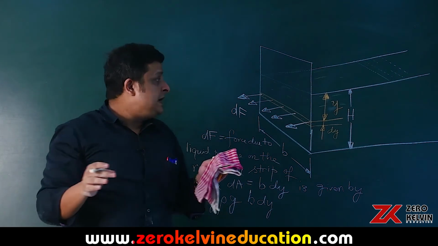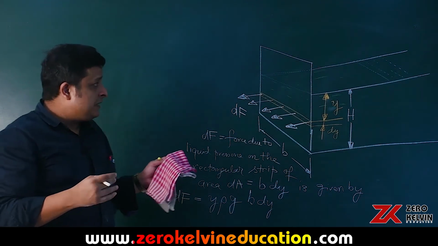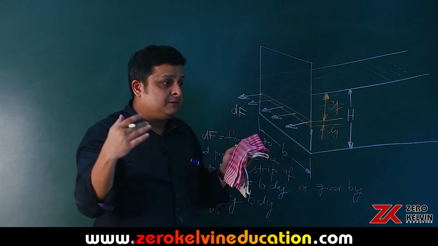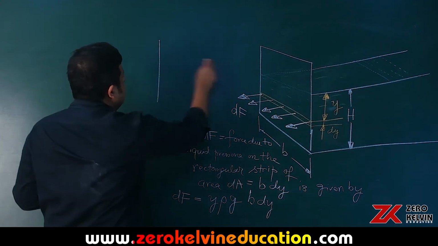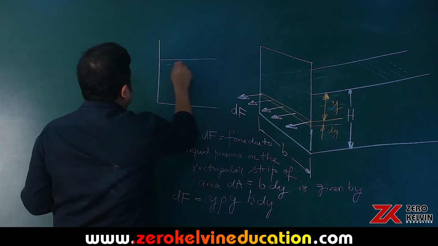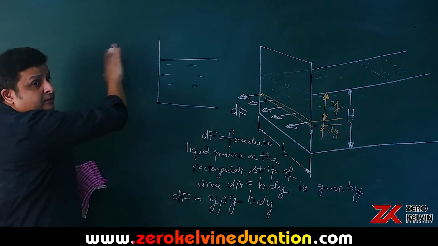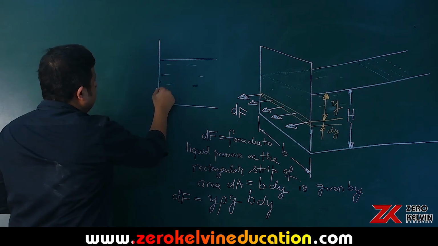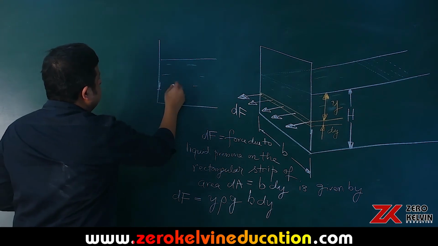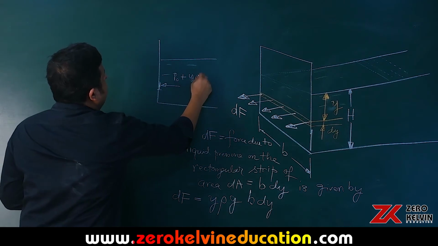We are not taking into account the atmospheric pressure, right? But if you calculate the absolute force, it will include atmospheric pressure. But if you look at the wall, this surface, the atmospheric pressure acts from the left side also and the right side also. So if you consider a small area, absolute pressure P naught plus Y rho g times dA.